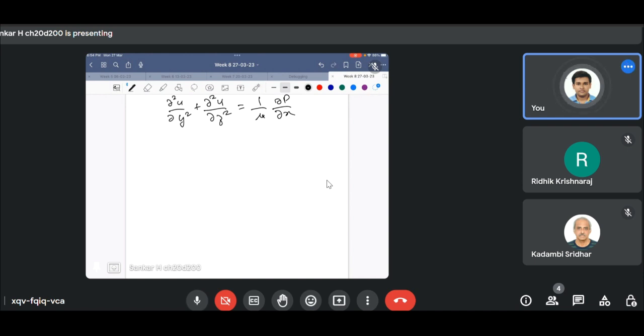So first let me understand what my problem is. I have very bad drawing skills over here. Let us assume this is a square or a rectangular duct that is under question.